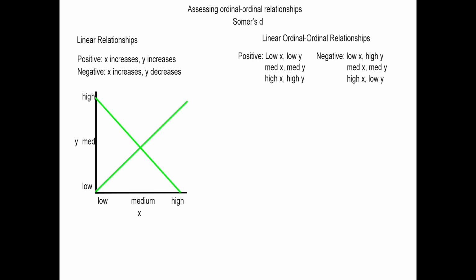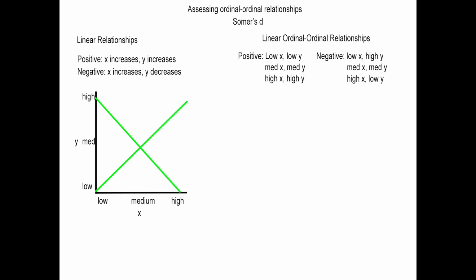So here I've overlaid both the positive line and the negative line, so we can start thinking about how ordinal relationships show up in what is essentially a crosstab. So positive relationships are defined by values in the low x, low y section of the crosstab, the medium x, medium y section of the crosstab, and the high x and high y section of the crosstab.